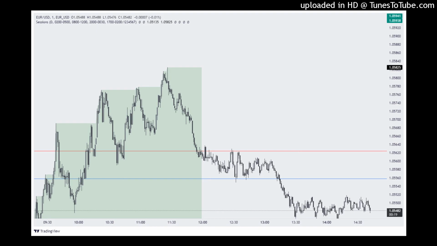Now, there's a difference between STs like this and an ST where we have a consolidation and fair value gaps. That is something you will also notice throughout the forecast, etc. You will sometimes have STs where we displace out of a consolidation instead of a sharp turn. Those are my least favorite STs.